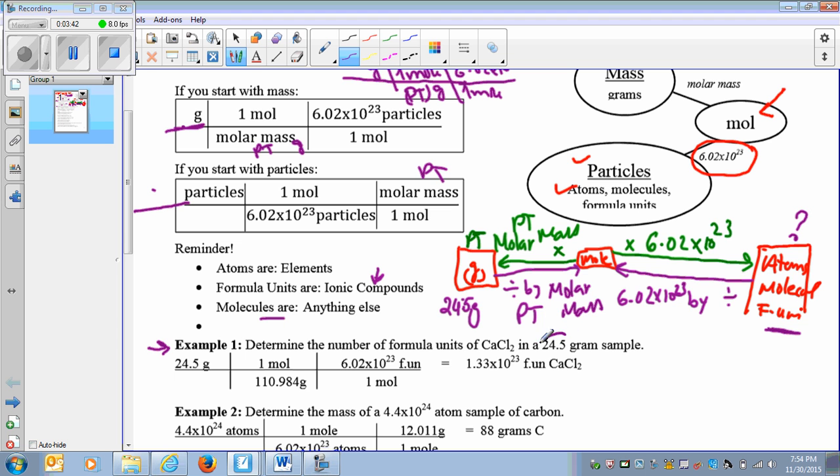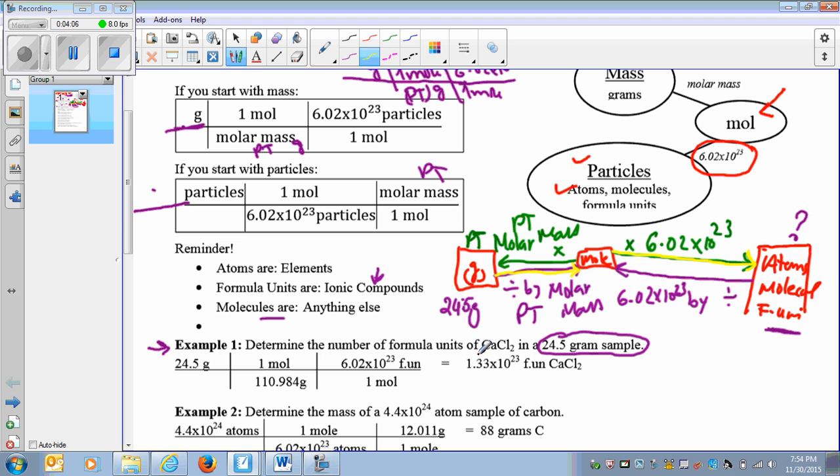So that means you're taking this route. You have to go to the moles, and once you're at the moles, you need to go to the formula units. So what is the first thing you need to do? You need to divide by the molar mass. Going from grams to moles, you divide by the molar mass.